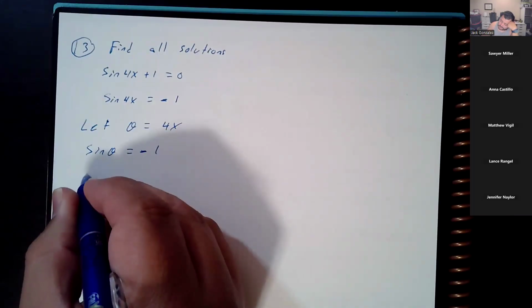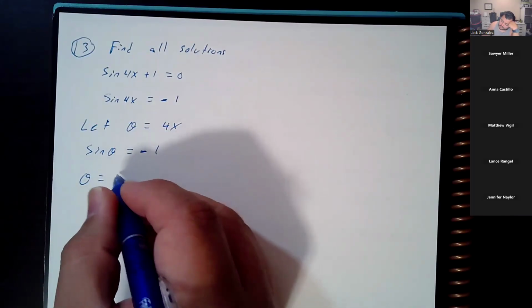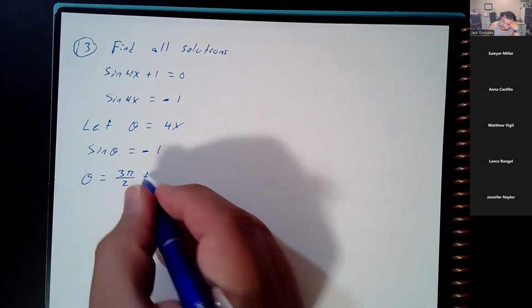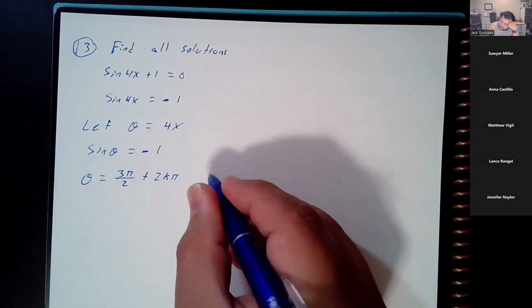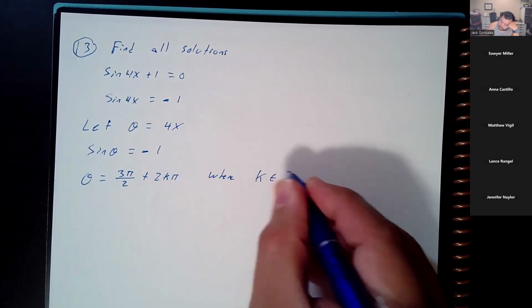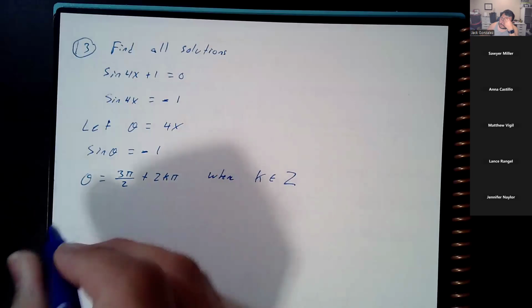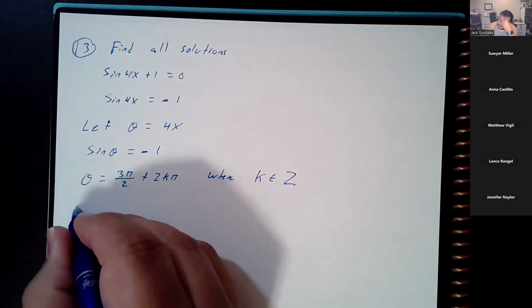Yeah, so our answer would be, if it wasn't a 4x and it was a simple theta, 3 pi over 2 plus 2k pi, where k is an integer. But that's not the case. So what we really have is this.